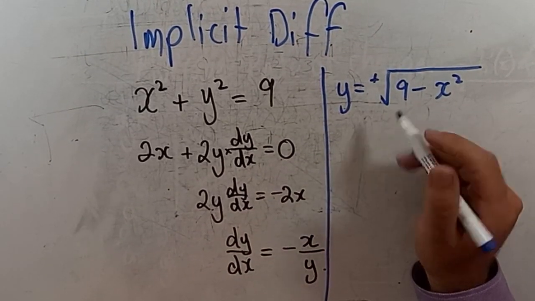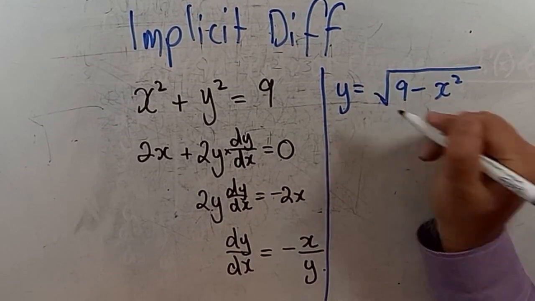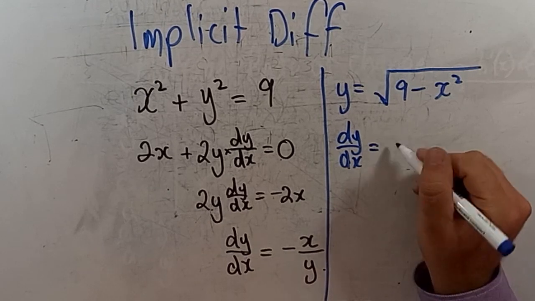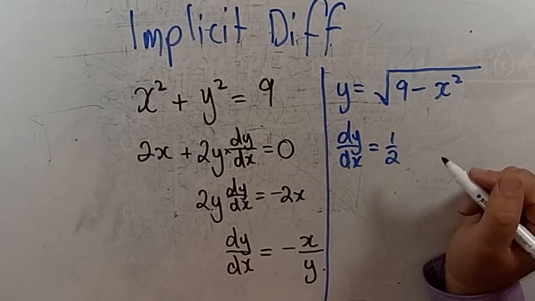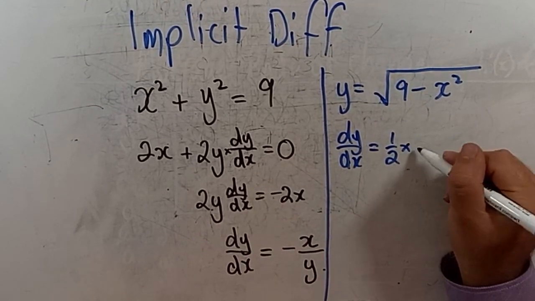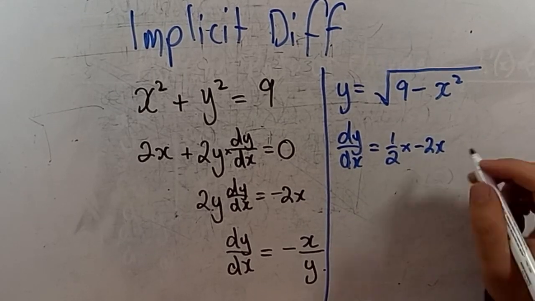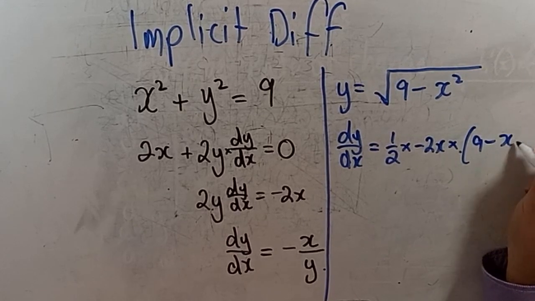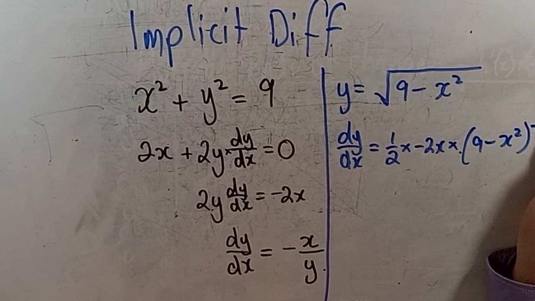So dy/dx equals, what do we have? We've got half times negative 2x, from the inside of the bracket, times 9 minus x squared to the negative half.